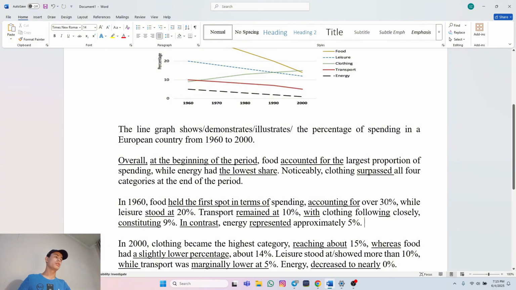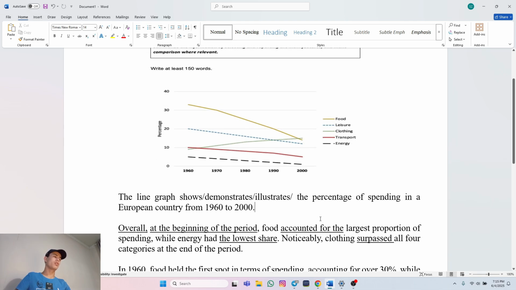You also know this: food held the first place in terms of spending, and accounted for 40%.